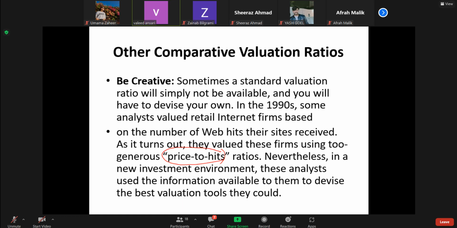We started with the discounted cash flow method, like when a company is paying dividends, then how it is valued.